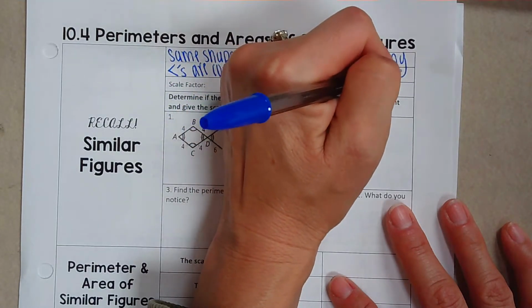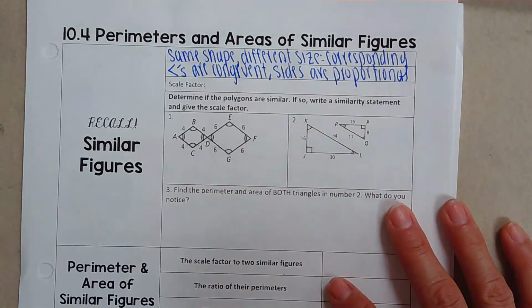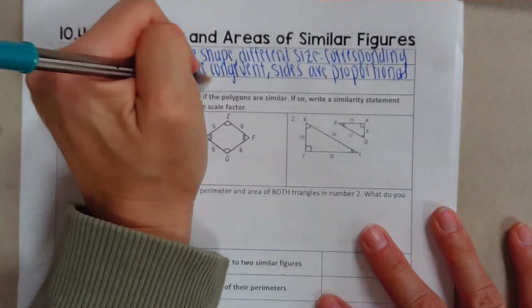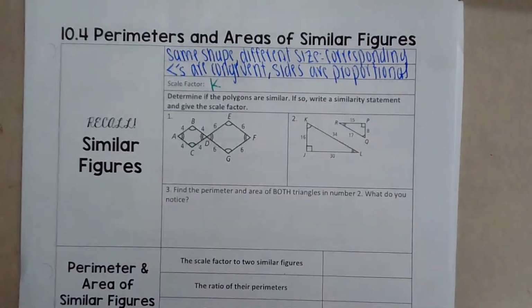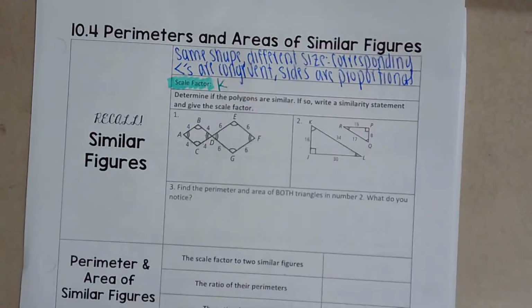Is it funny that every time I write that word, I always have to think about it? Proportional. Okay, and let us not forget our friend scale factor. You will see K, and I don't want you to wonder what that is because that is the scale factor.